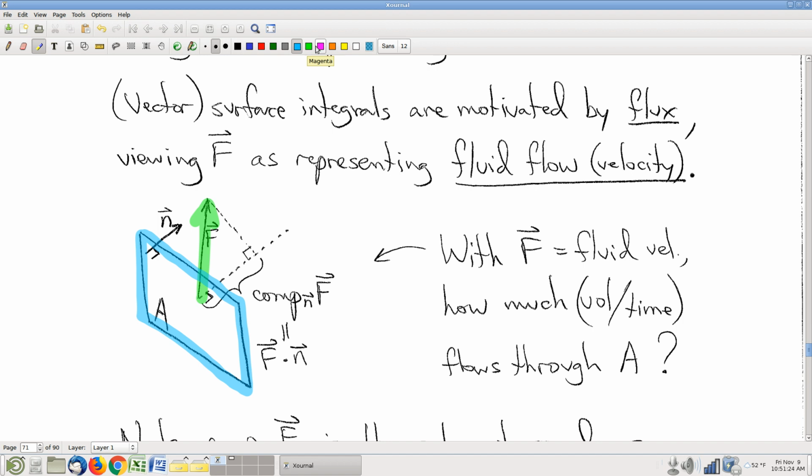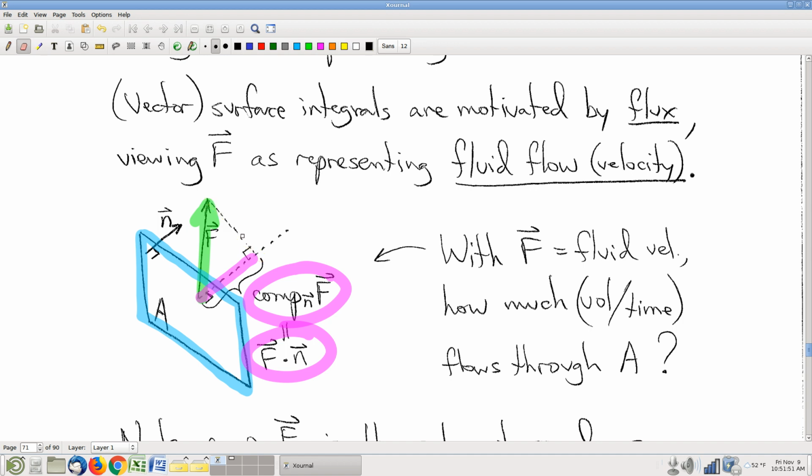Right? Okay, so it's not how fast the vector field is or how fast the fluid's going. It's to what extent, again computed with a dot product, is the fluid flowing perpendicular to the surface that we actually care about. The extent to which the fluid is flowing parallel to the surface, that's just silly. Right? Not going to contribute at all to flux.